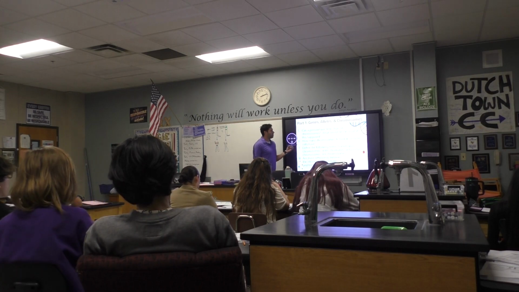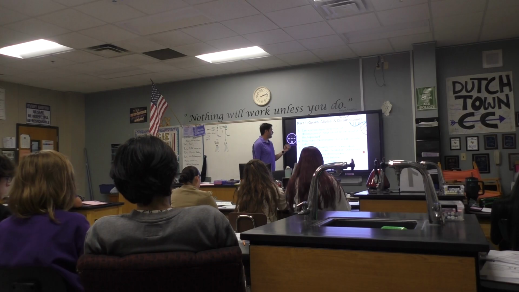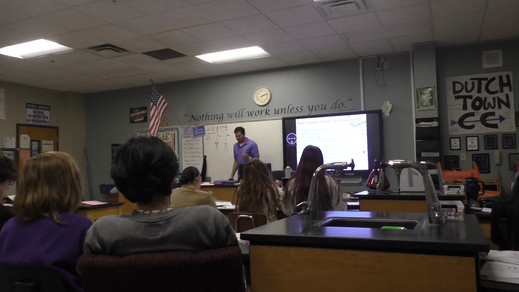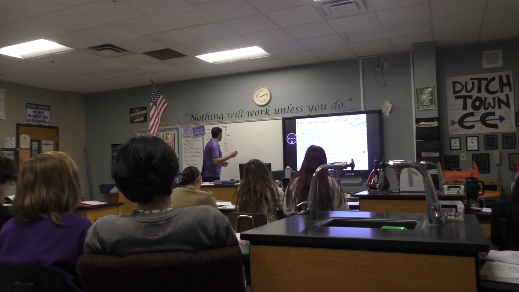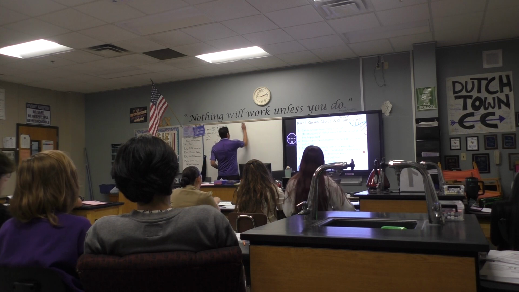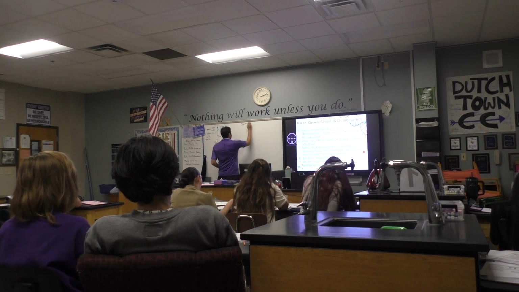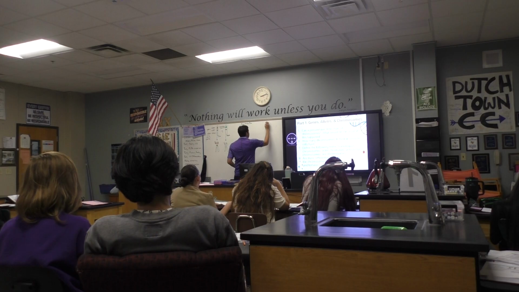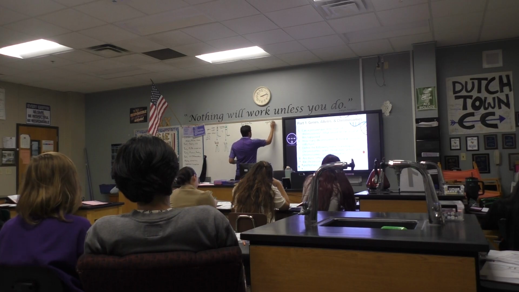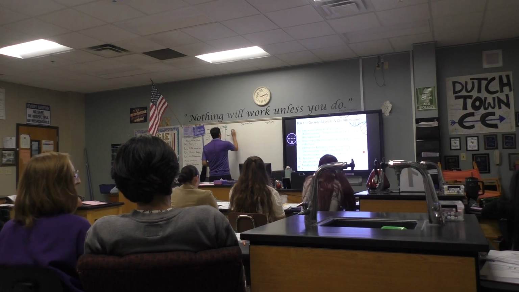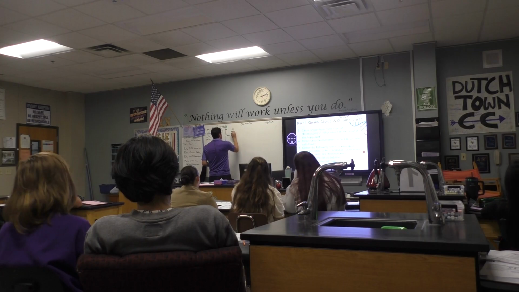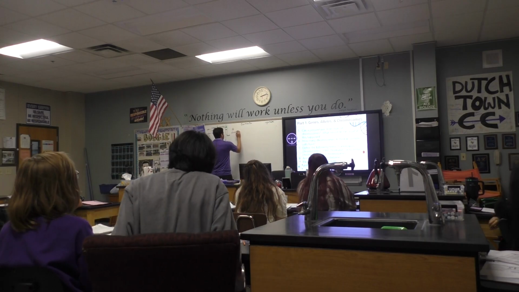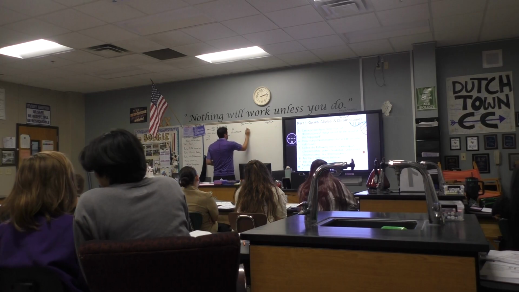How many chromosomes do human somatic cells have? 46. Now, what I want to do is this. We have a somatic cell, and we have a gamete, and I want to do some chromosome counting. We just said that somatic cells have 46.